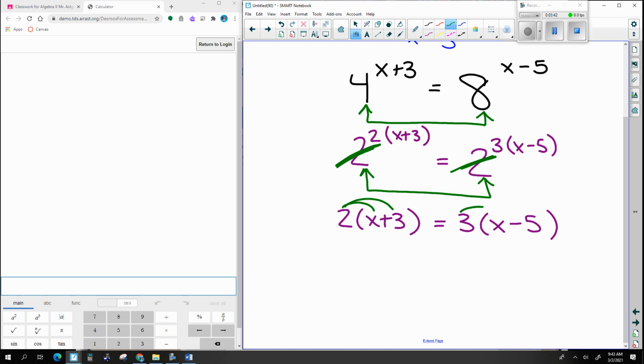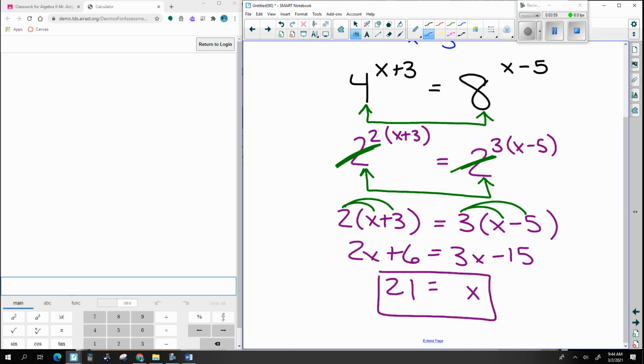So I multiply into these parentheses. I subtract 2x. I add 15. And then x is equal to 21. So what I really want you to take away is sometimes you'll have to rewrite this base number as something else. That's the idea of the day.